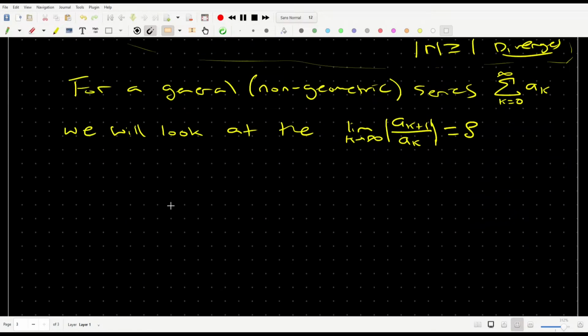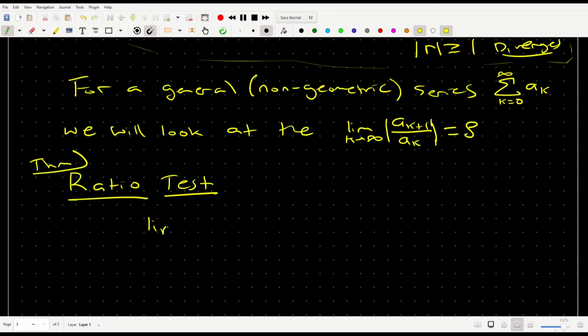This is the general reason that when we write down the ratio test, it is stated as follows. We call the limit as k goes to infinity of the absolute value of a_(k+1) over a_k, this limit we're going to call rho. This is for a given infinite series of a_k.